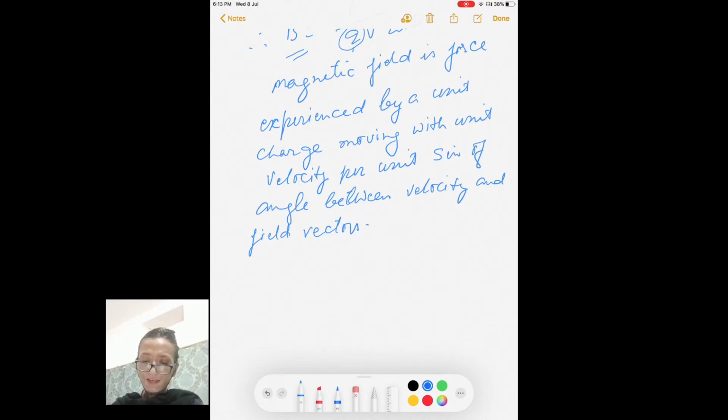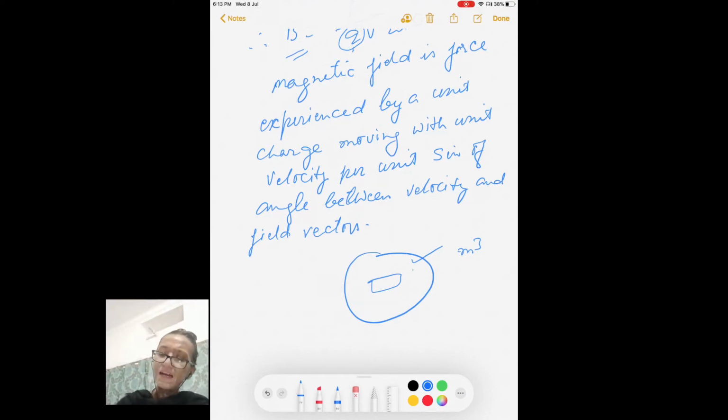You cannot say that magnetic field is the space all around a magnet, because space has unit of volume, that is meter cube. So magnetic field cannot be defined as the space all around a magnet.